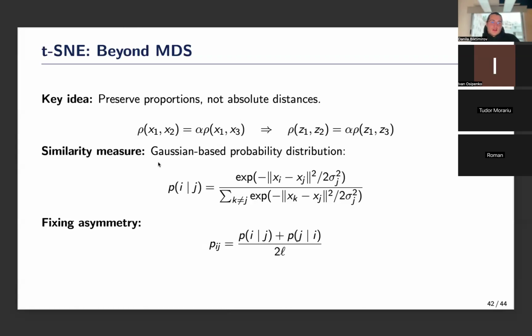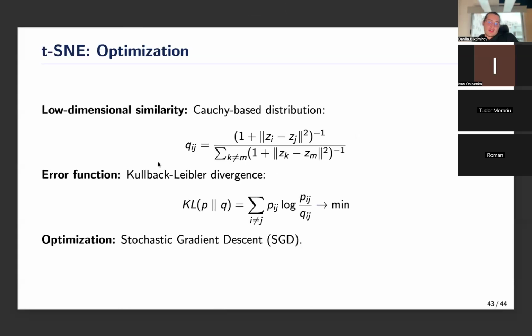These values are not symmetric, which can introduce additional difficulties in further computations. To resolve that, we symmetrize them like here, and thanks to this symmetrical approach, it's impossible for a situation to arise in which, for some distant object x, all similarities p are close to 0.